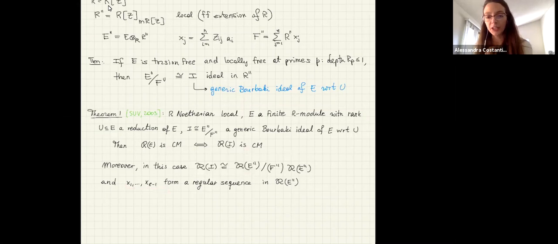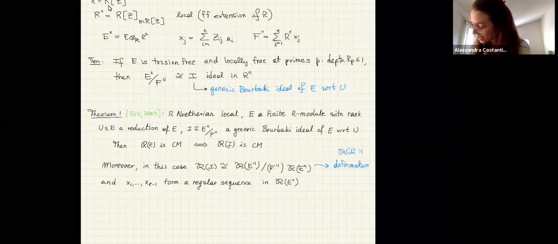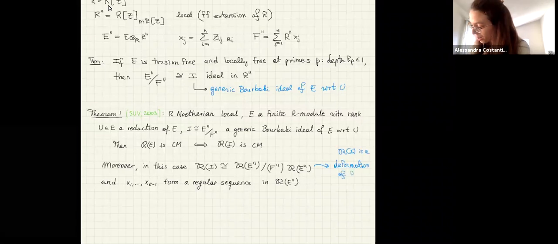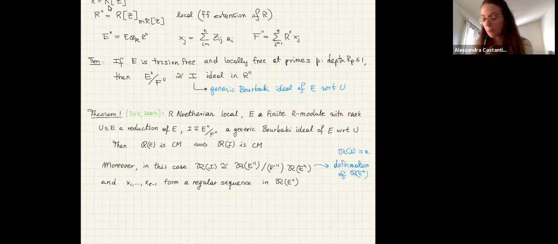That's really the trick here. Okay, and let me also add some terminology. This is telling you that R of I is a deformation of R of E double prime. Okay, so that's really the key there.